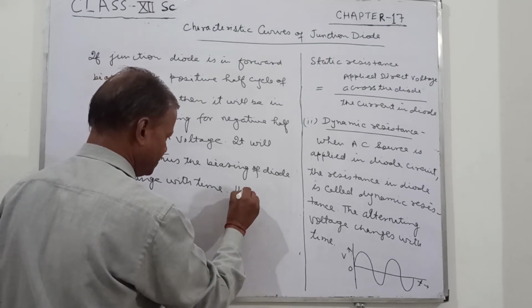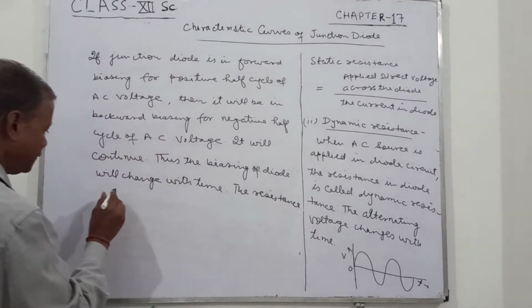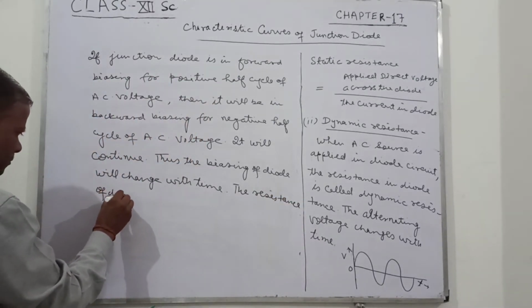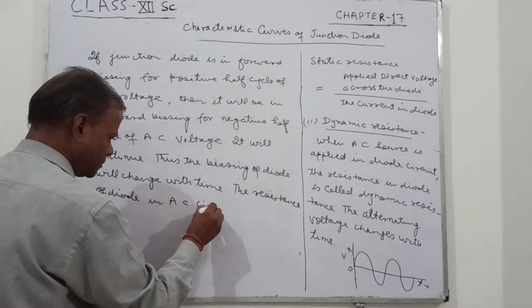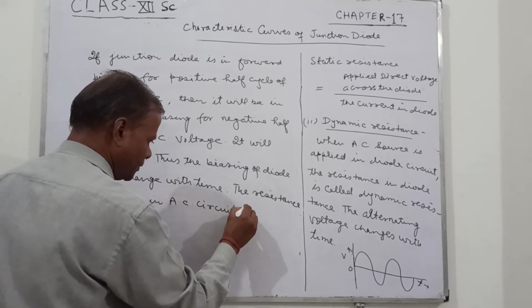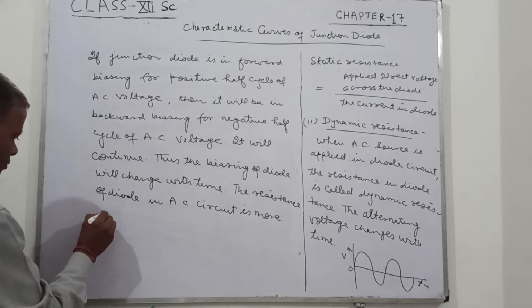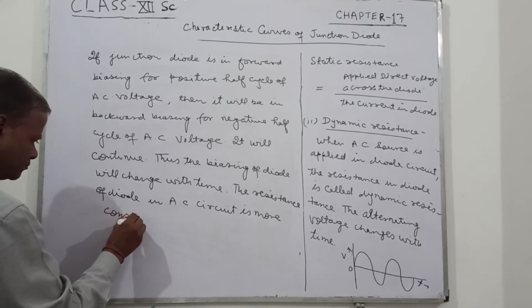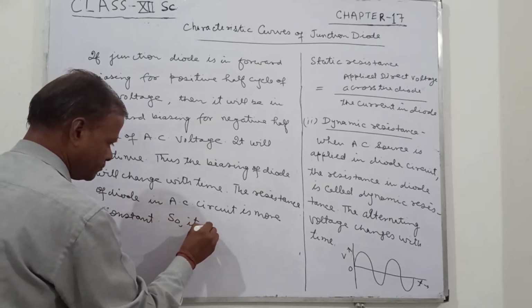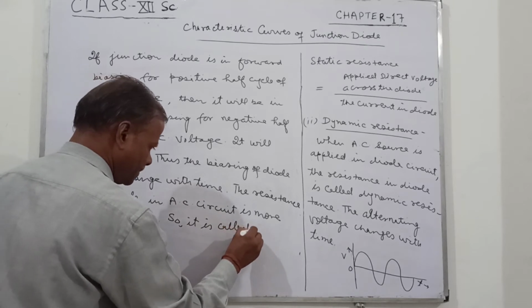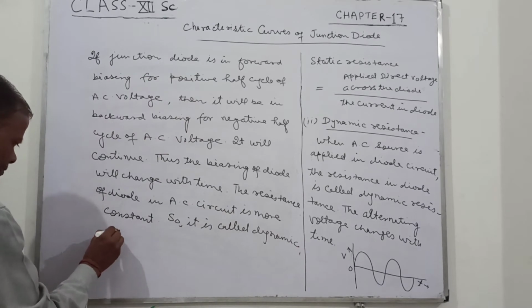The resistance is no more constant, so it is called dynamic resistance.